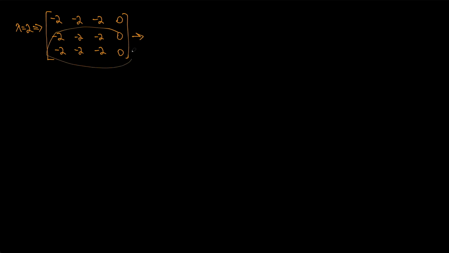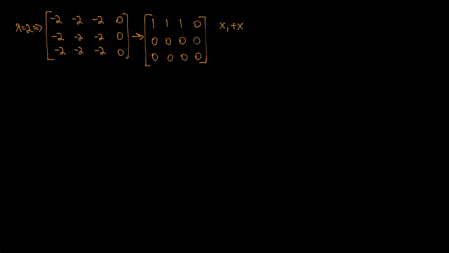Notice the second 2 rows are redundant. We can zero them out with the first row, divide by minus 2 just to get 1, 1, 1, 0, and then zeros throughout the rest. Now that we've reduced it, we can see that this implies that x1 plus x2 plus x3 must be equal to 0.